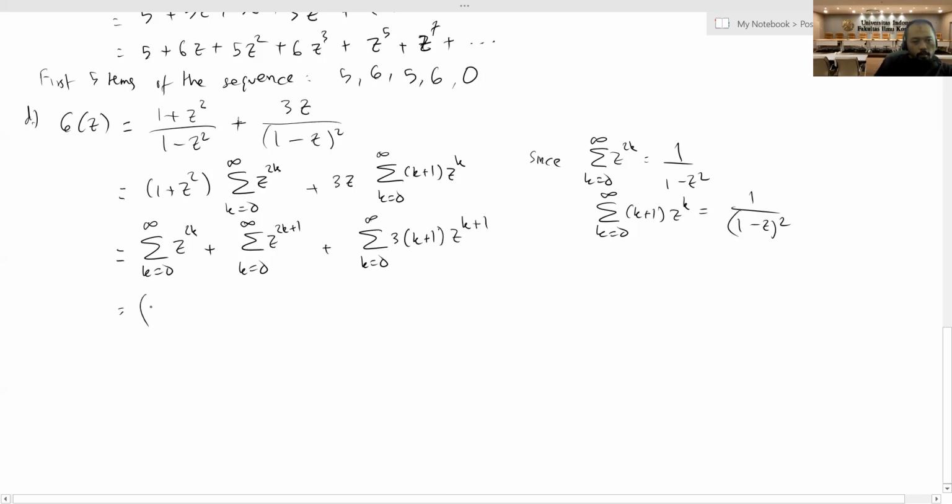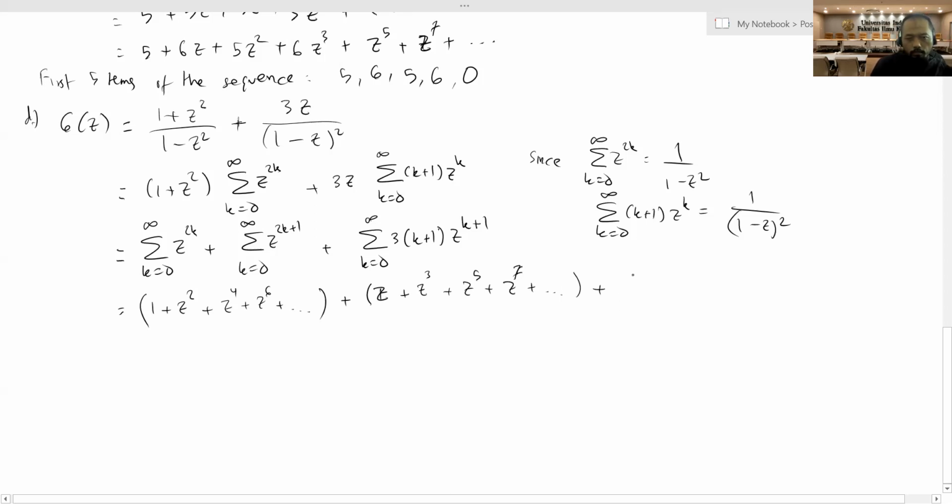In this case, this becomes 1 plus z squared plus z to the power of 4 plus z to the power of 6, and so on. Whereas the second term becomes z plus z cubed plus z to the power of 5 plus z to the power of 7, and so on.